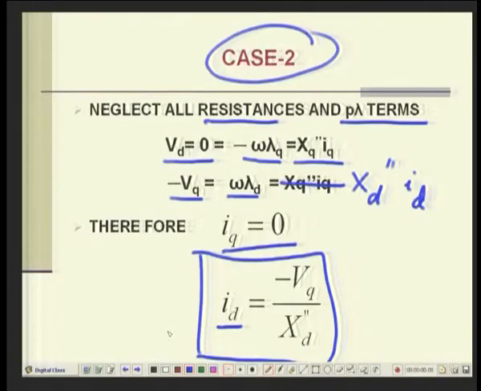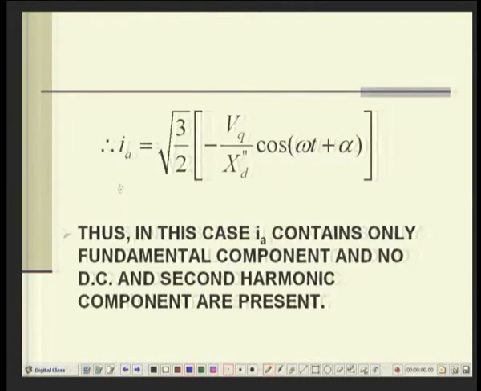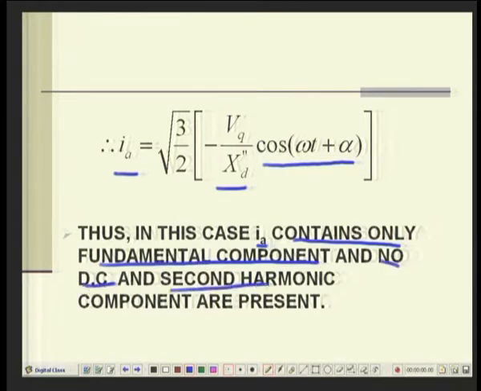And what will be Ia? Ia is simply, Iq being 0, root 3 by 2 into minus Vq by xd double dash into cos omega t plus alpha. Thus, in this case Ia contains only the fundamental component, no DC and no second harmonic.